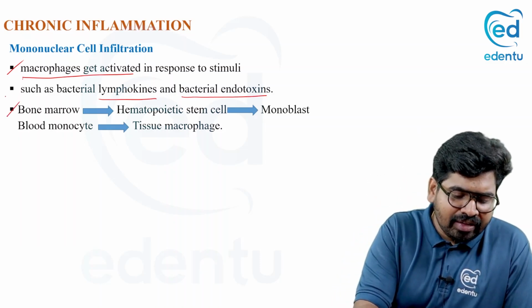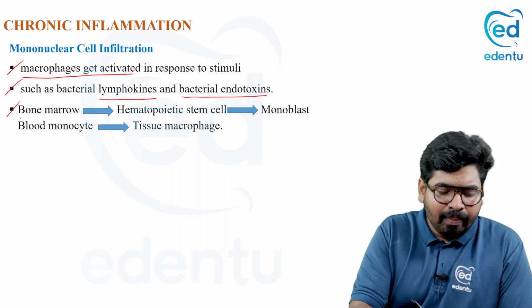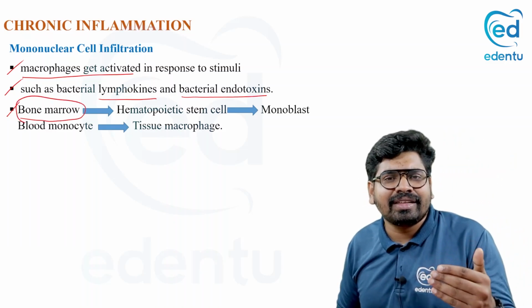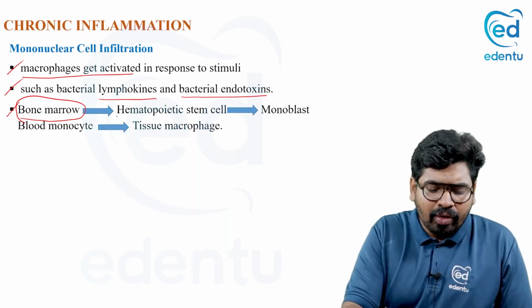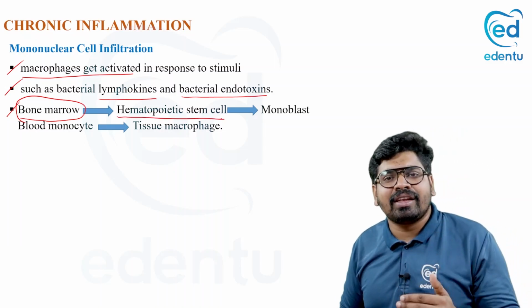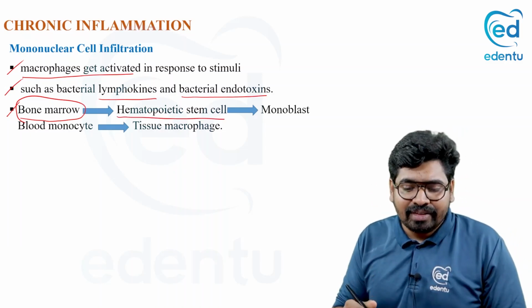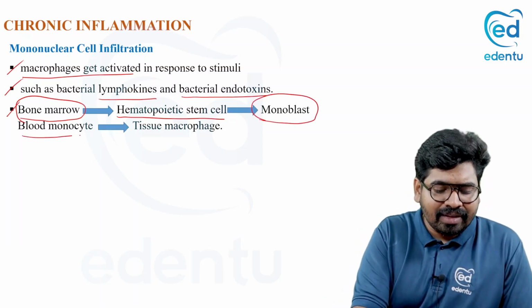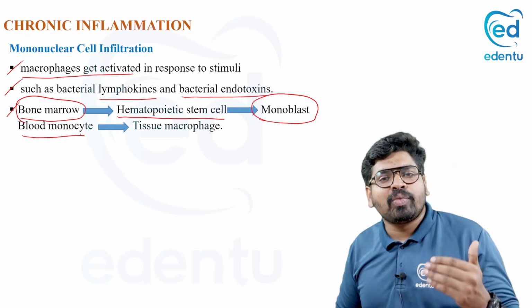These macrophages, how are they formed? In the bone marrow, all hematopoietic cells are made. In the bone marrow, we have hematopoietic stem cells which give rise to all the cells, and they make the monoblast cells, which are present as monocytes in the blood.